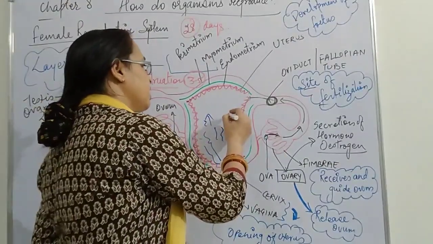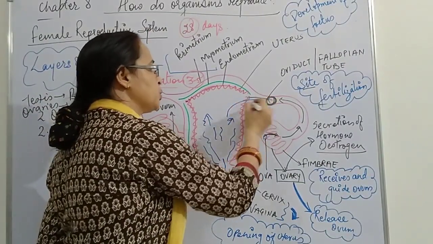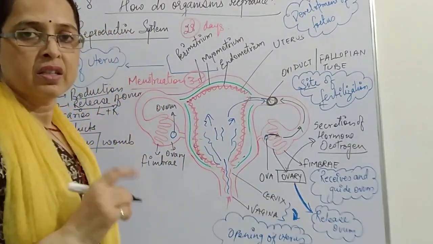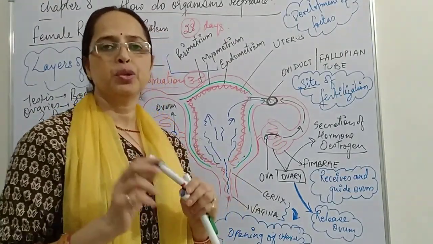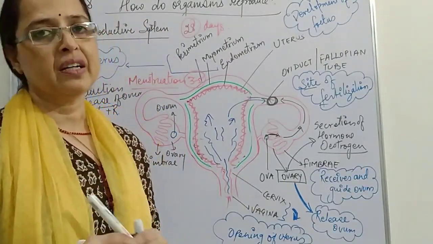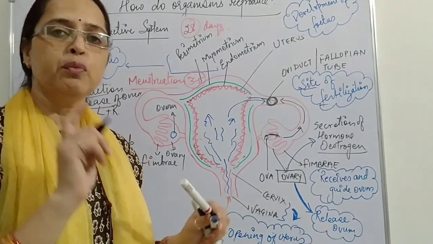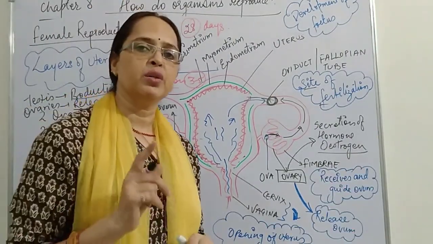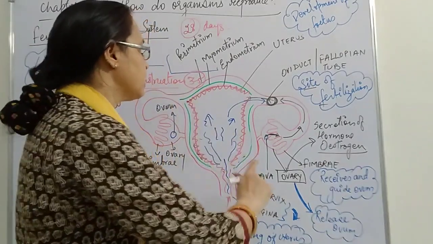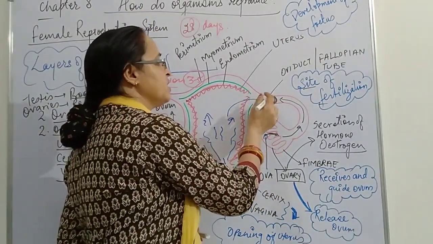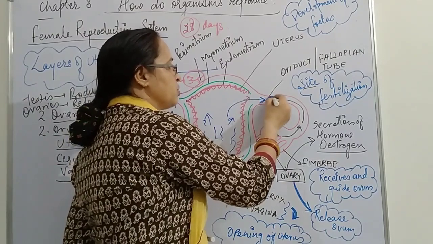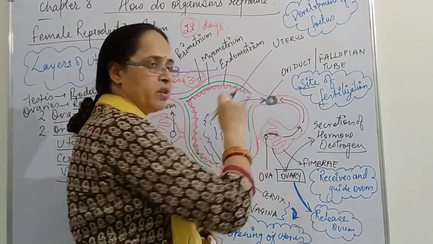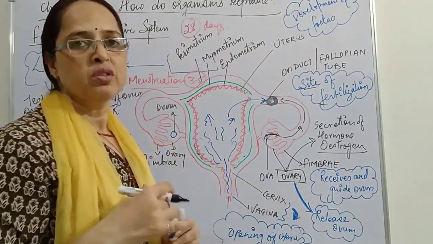Then if the sperm reaches the ova, the sperm which first reaches the ova will be able to fertilize the ovum, and only one sperm fuses with one ovum. So the first sperm which reaches the ova changes the ovum into a zygote.